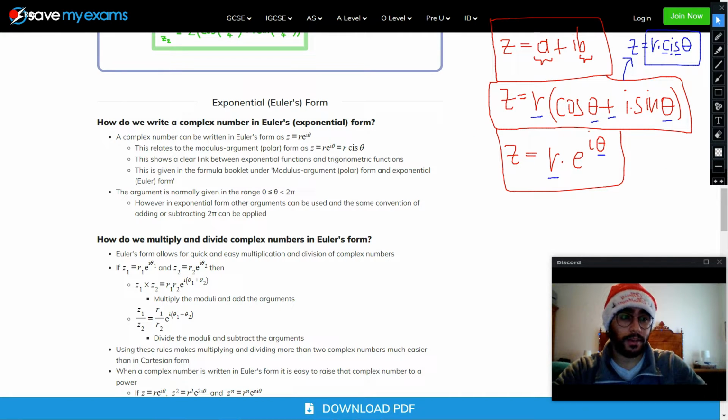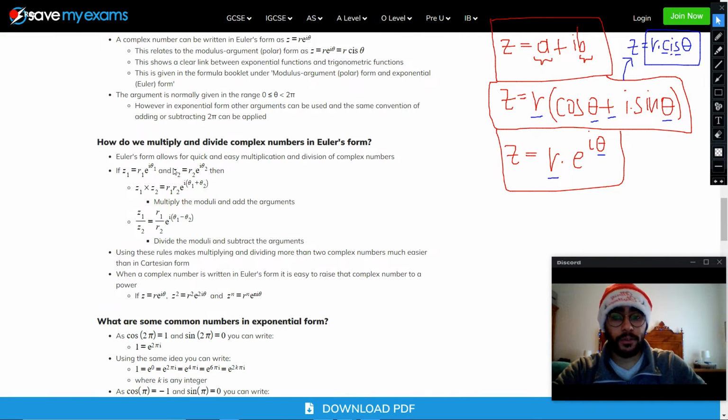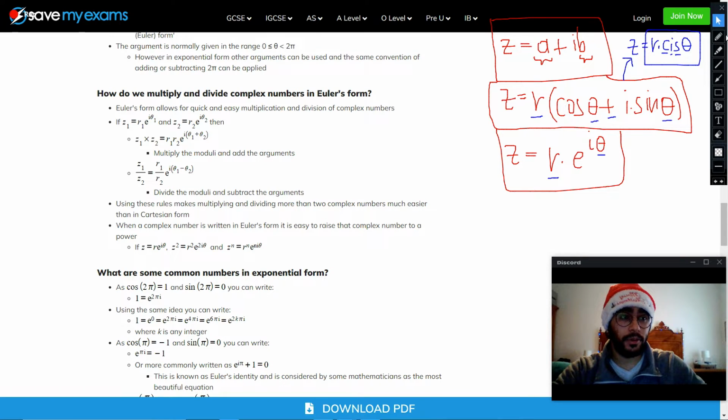So simply you can find the modulus of your complex number, and then the argument of your complex number, and then simply write this expression. Okay. So how do we multiply and divide complex numbers in Euler's form? Well, when you multiply, again, you multiply your moduli, a simple multiplication between two numbers, and then you add the angles.